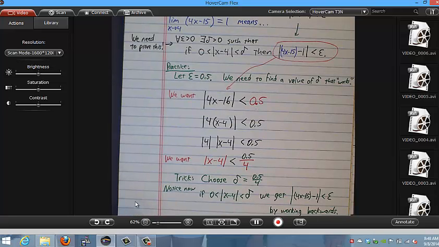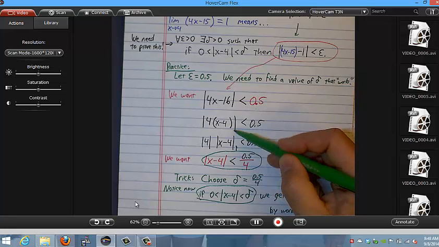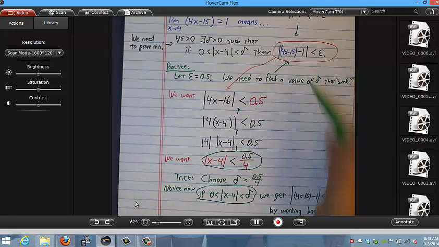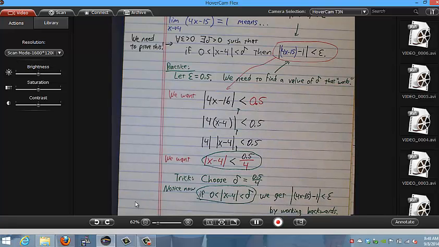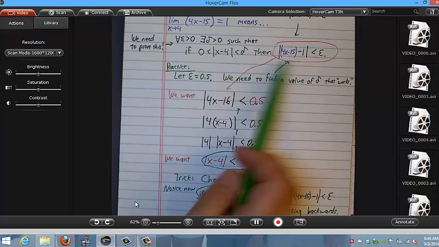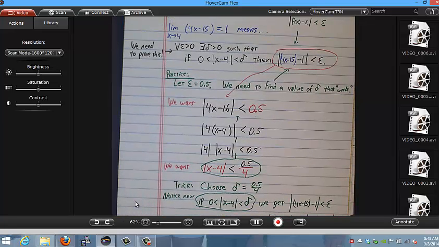What do I mean by that? Well, if we choose delta to be 0.5 over 4, then any time that this is true, we know that this is true. Because that's delta, 0.5 over 4. And now you can work back through the steps, and you'll end up with the thing we wanted. We want any time that this is true, then we get that to be true. And that's an example of a delta epsilon problem.